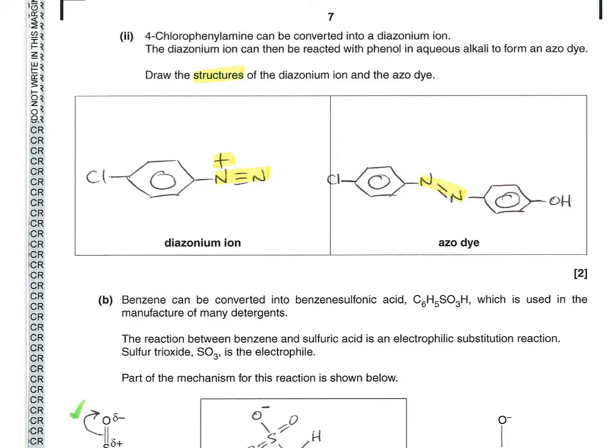Remember, we need N triple N, with the positive sign on the first nitrogen. Because they've asked for structures, I would be drawing the full displayed structure there. The azo dye, if you reacted this with phenol, you'd obviously get this molecule here, and again I'm clearly showing the structure in the azo dye with that N double N now.